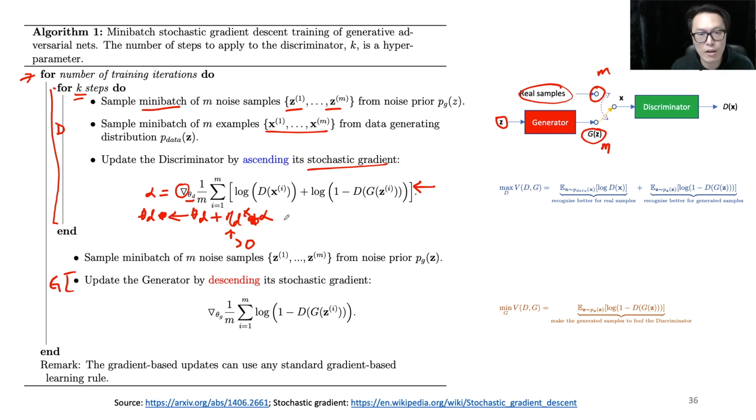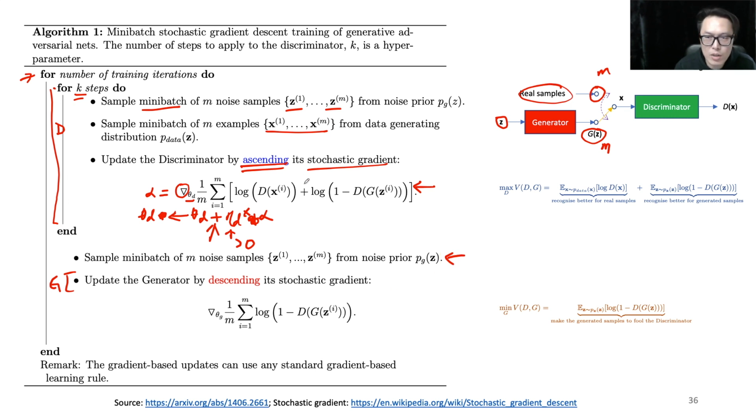That is what we have done in the neural network: we apply the gradient update rule. Because we are doing maximization, this sign is plus instead of minus. Through this loop, we are able to update theta d, and then we get to the second part.